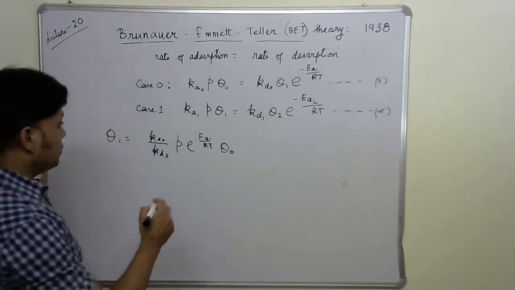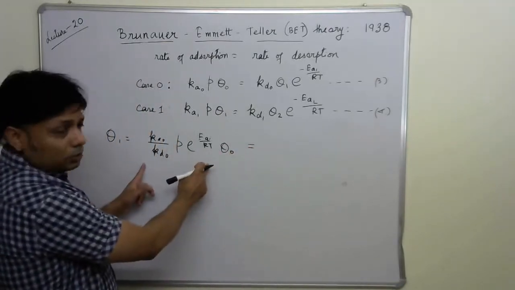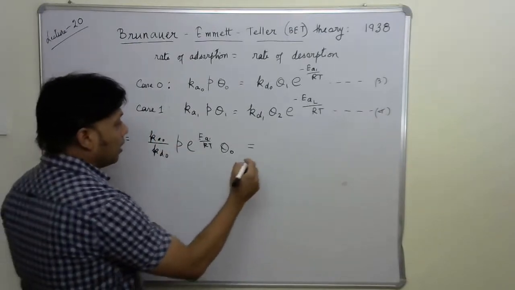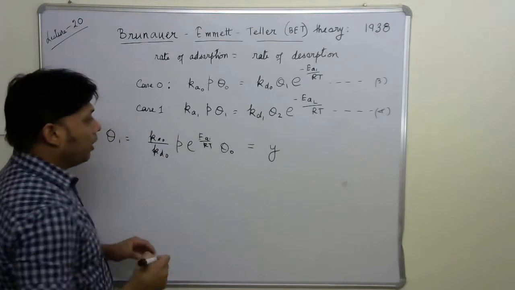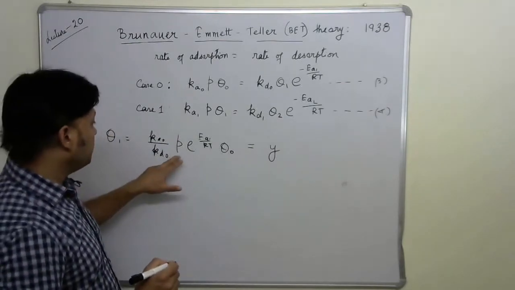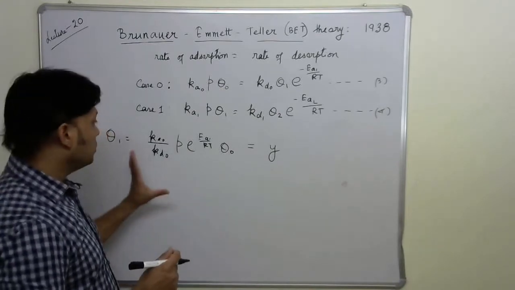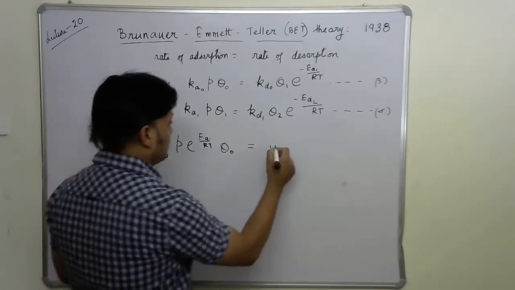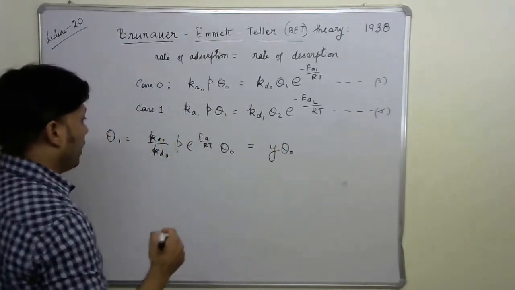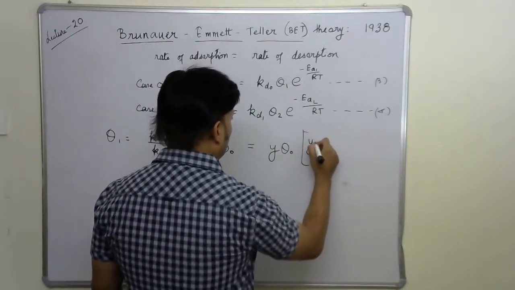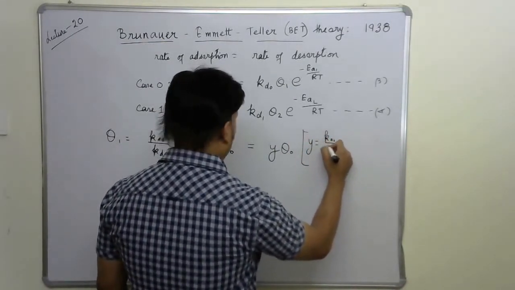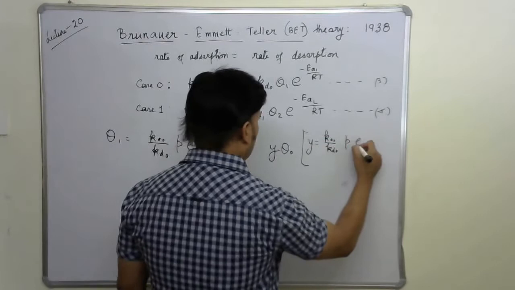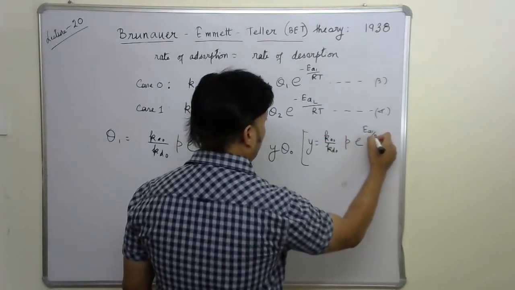Now this is a pretty long expression, so I want to condense it, or replace it with a variable parameter y. Since pressure P is a variable quantity, we have chosen another variable quantity y in order to replace this. So this is equal to y theta 0, where of course we can write that y is equal to Ka0 divided by Kd0 P e to the power Ea1 divided by RT.